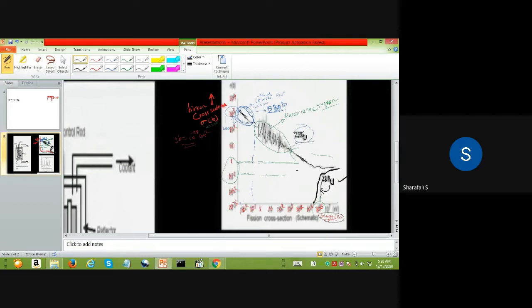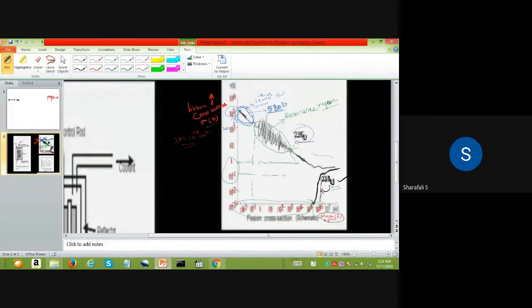The fission cross section for uranium 238 is 0 in any region below that 10 raised to 5 electron volt range. You can see that this curve starts from here only, at 10 raised to 5.